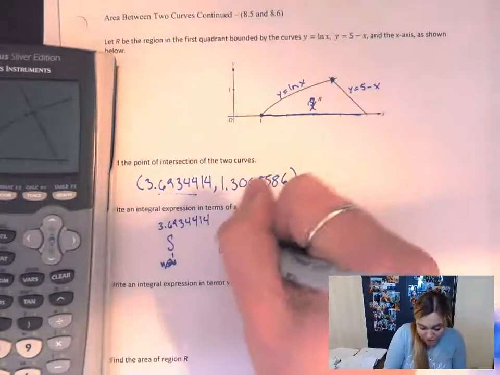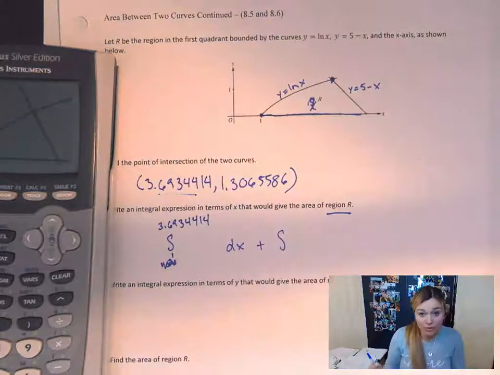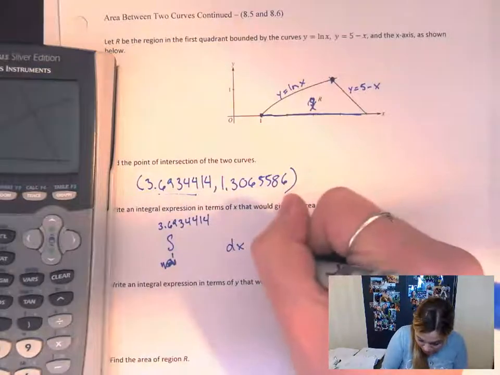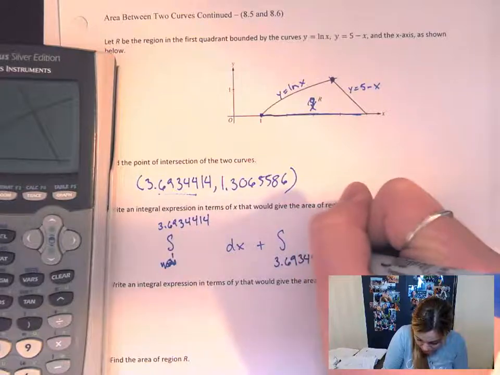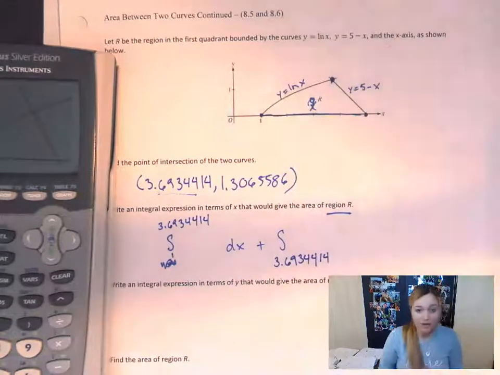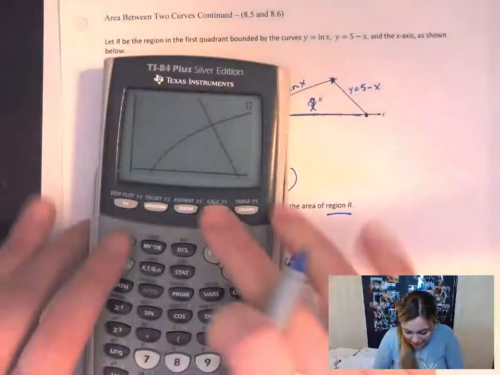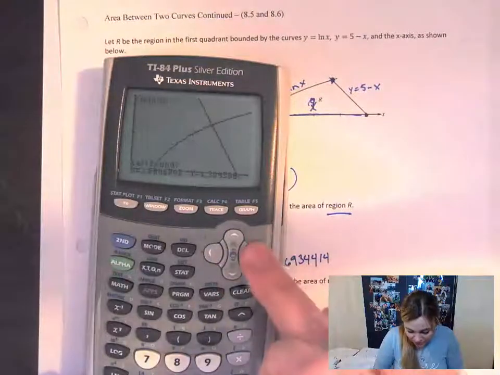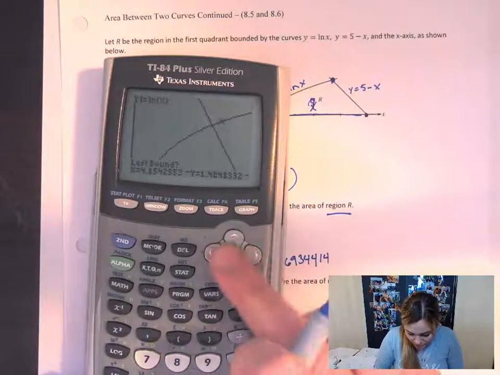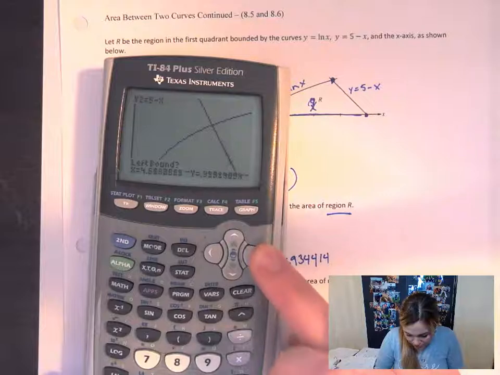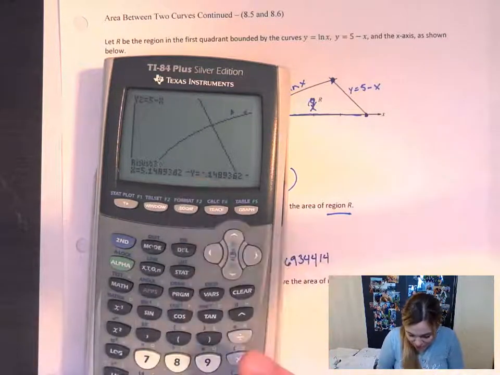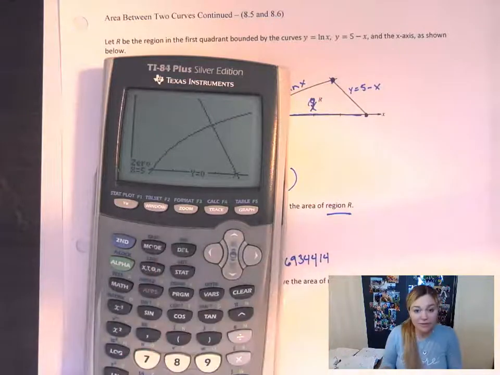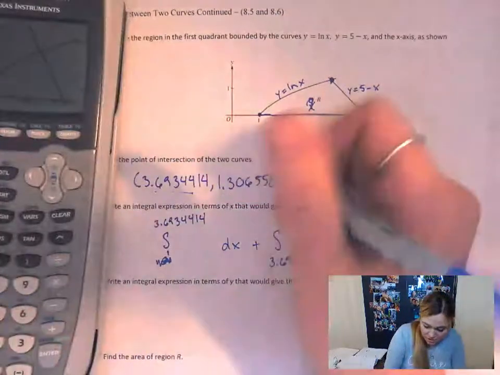I'm going to do one integral here, and then do another one from 3.6934414 to whatever this value is. Let's check it. Second, calculate the 0. Left bound, I'm to the left of this point. I can see I went negative, so I'm to the right of this point. Hey, this is at 5, 0. Just wanted to be sure.